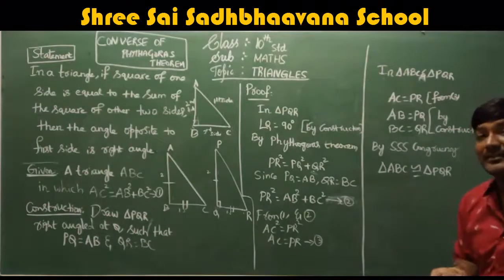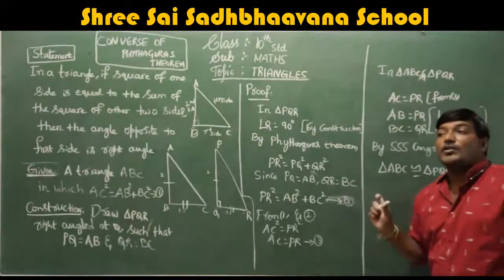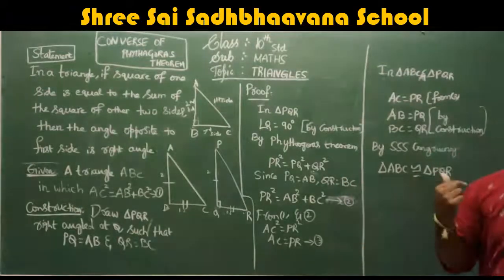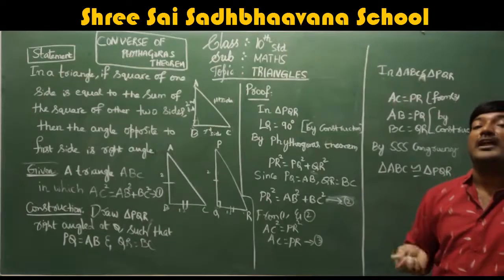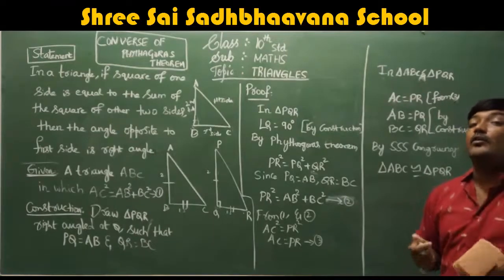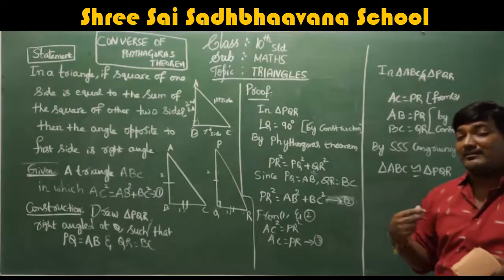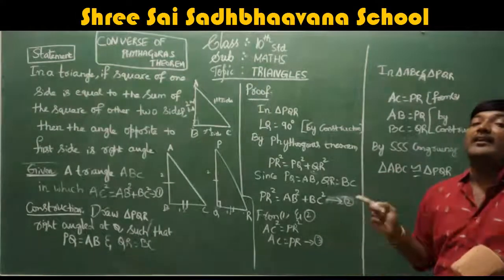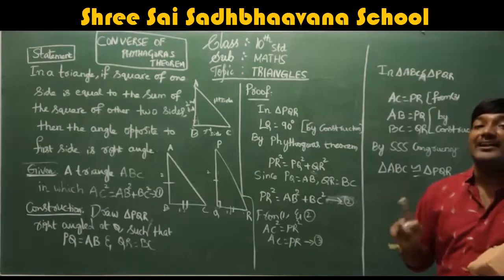What do you mean by congruency? I'm just revising that. If any two triangles are said to be congruent, how can we say that they are congruent? The corresponding sides should be equal, and also the corresponding angles should be equal.